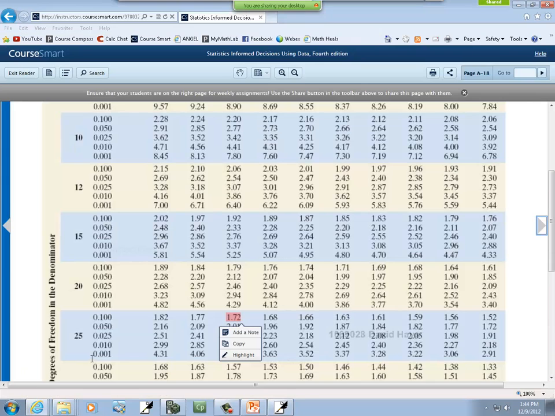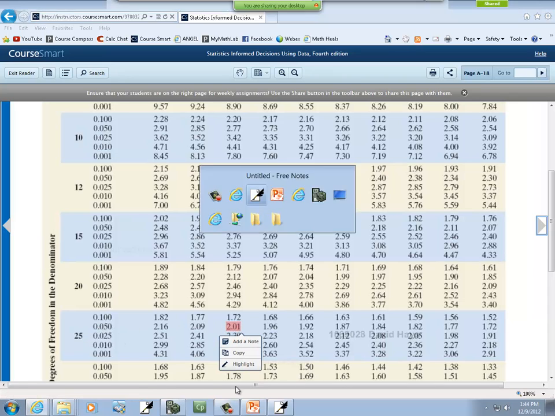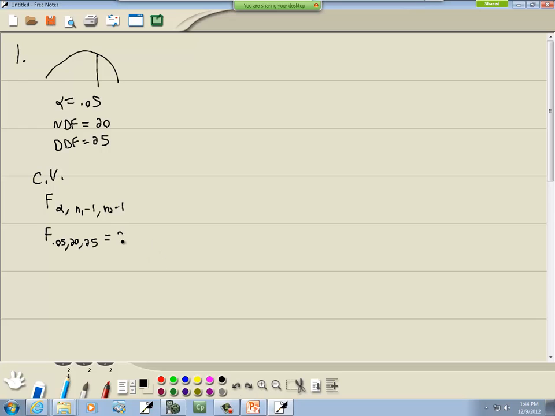Now our alpha is 0.05. So I come over here, I look up 0.05. See the 0.05 there? And I would use 2.01. And that would be the value we're trying to find.